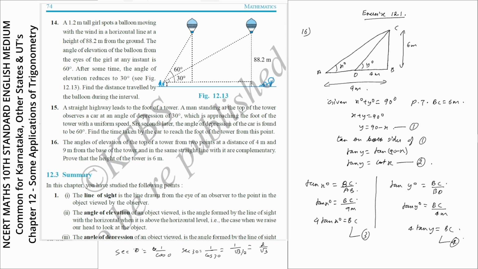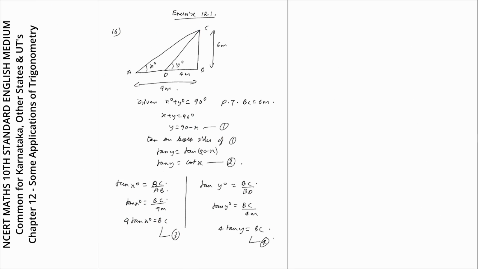Now the right hand side of equation 3 and the right hand side of equation 4 are equal. So I will mention that sentence: RHS of 3 and 4 are equal. Therefore LHS are also equal.